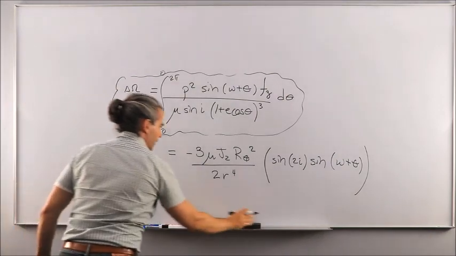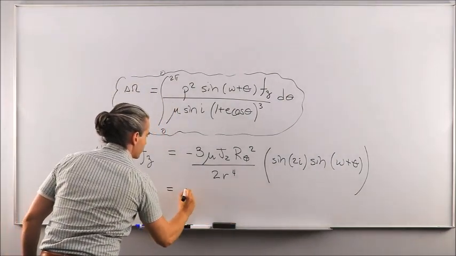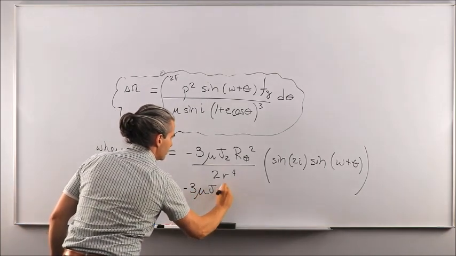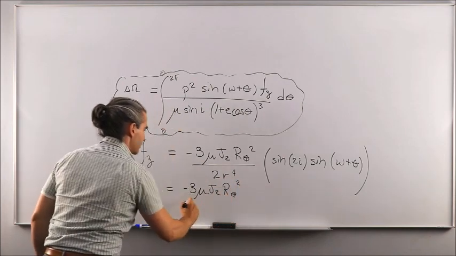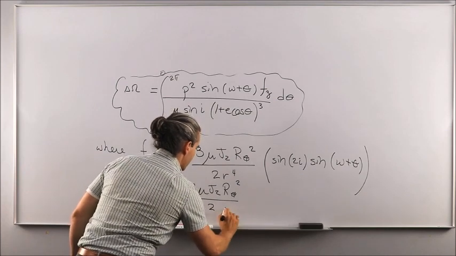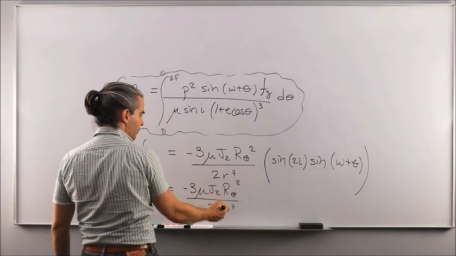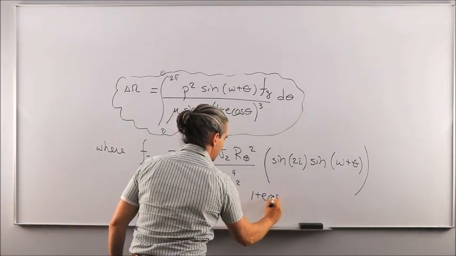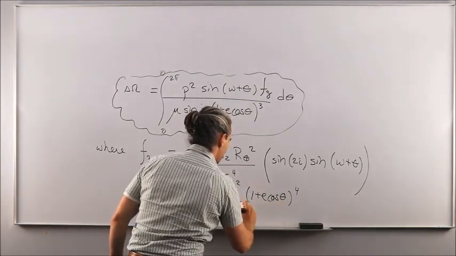I'm just going to say I have enough room to do it here. So minus 3 mu J2 times the radius of the Earth at the equator over 2 times P4. I'm replacing my R4 with P4 over 1 plus e cos theta to the power 4.